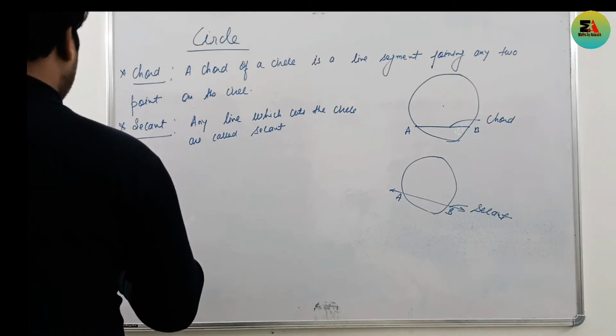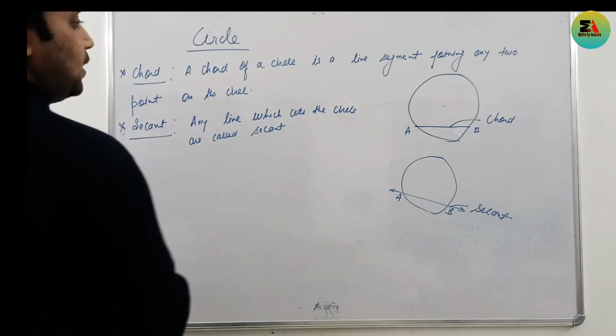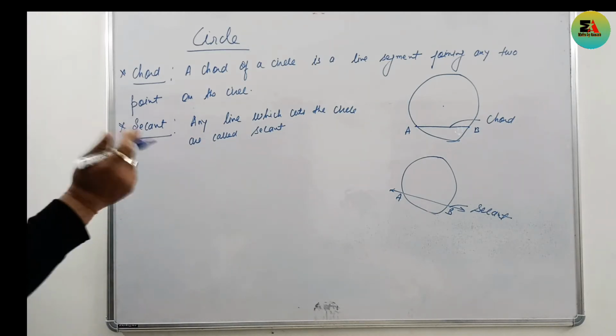Now some basic difference between diameter, chord and secant.